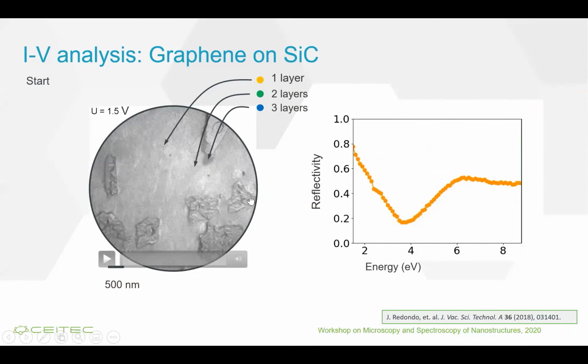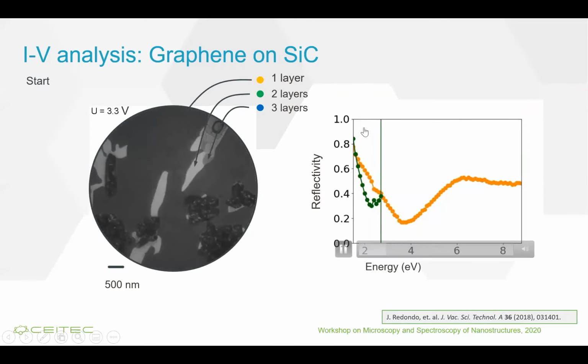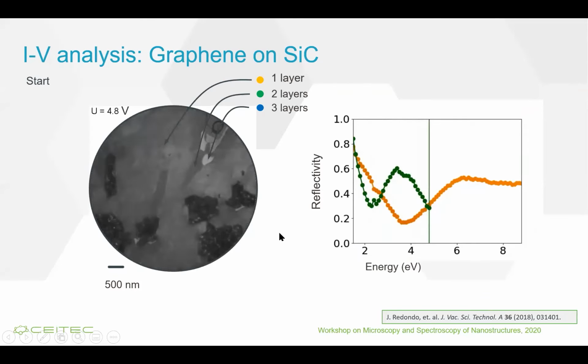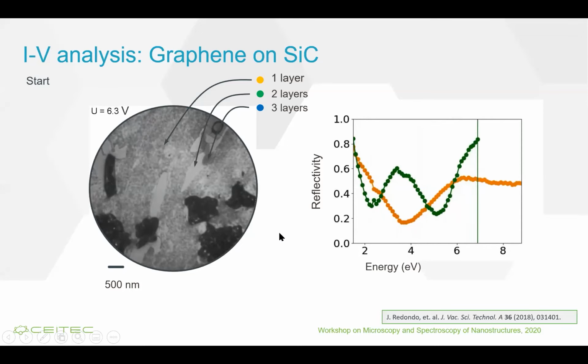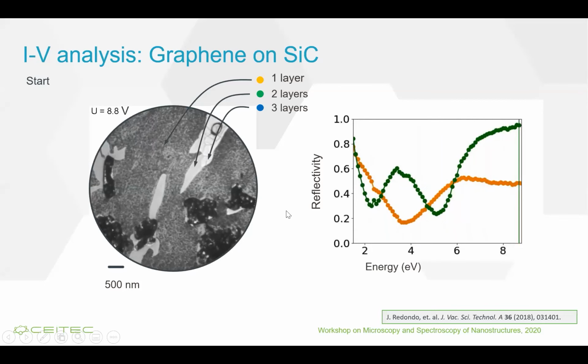So how can we say that? If we record this curve, this is from the single layer. We are just changing the energy and then recording the intensity of the particular parts. So this is for the single layer, this is for the double layer.